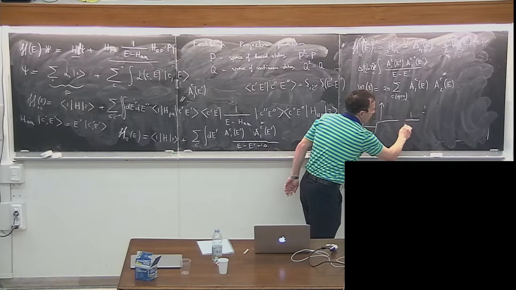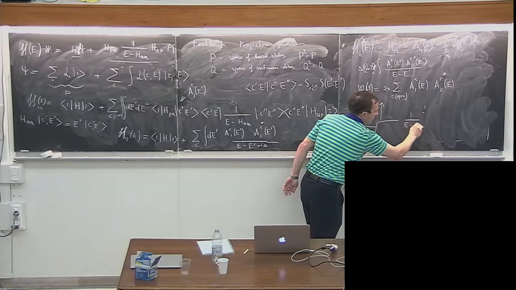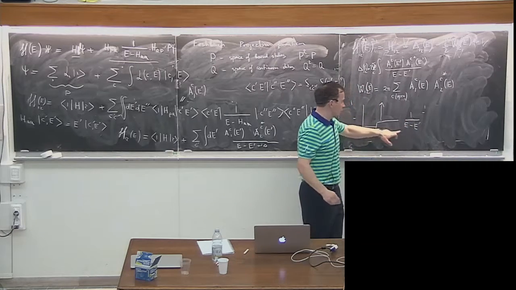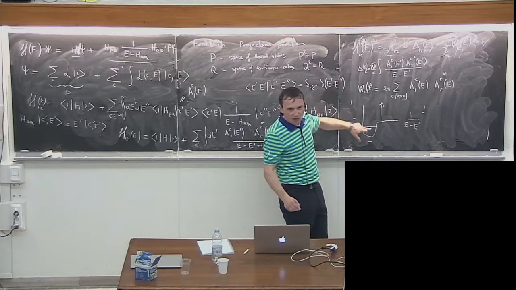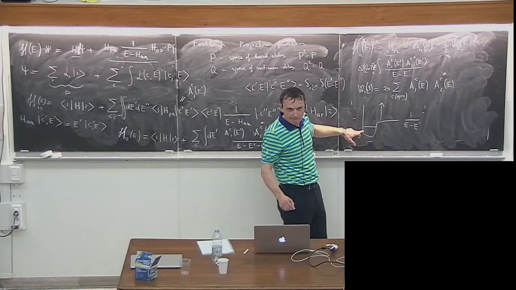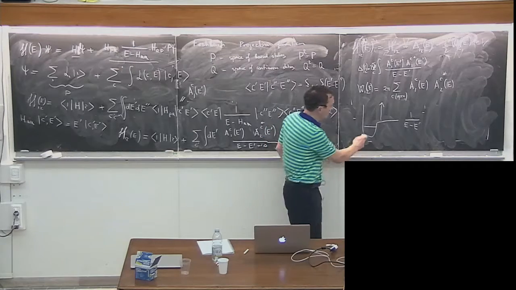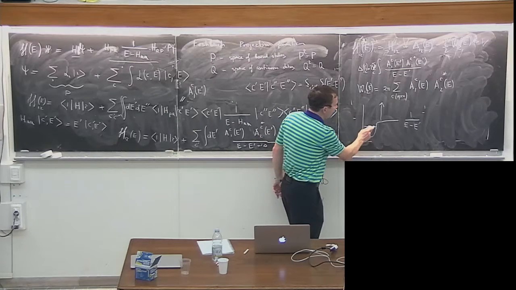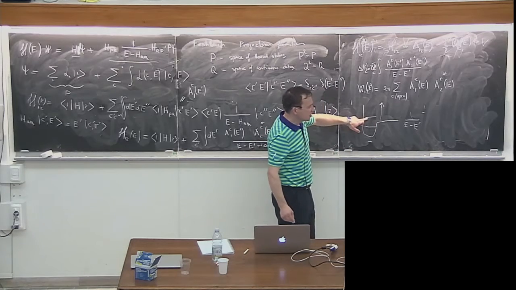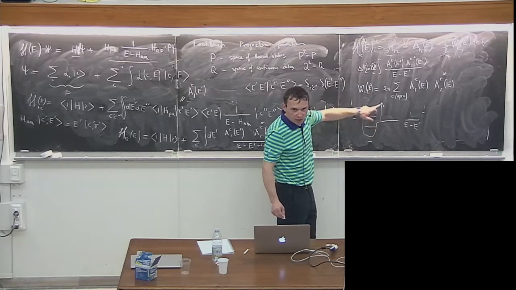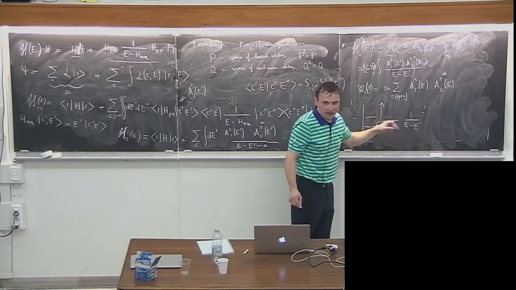So 1 over E minus E of an integral is never 0 because this is below. So therefore, I never had an imaginary part in that integral. Right? This is called the closed channel. Now, if I have the state here, then this energy is above 0, and I am integrating above 0. So this difference passes through 0.